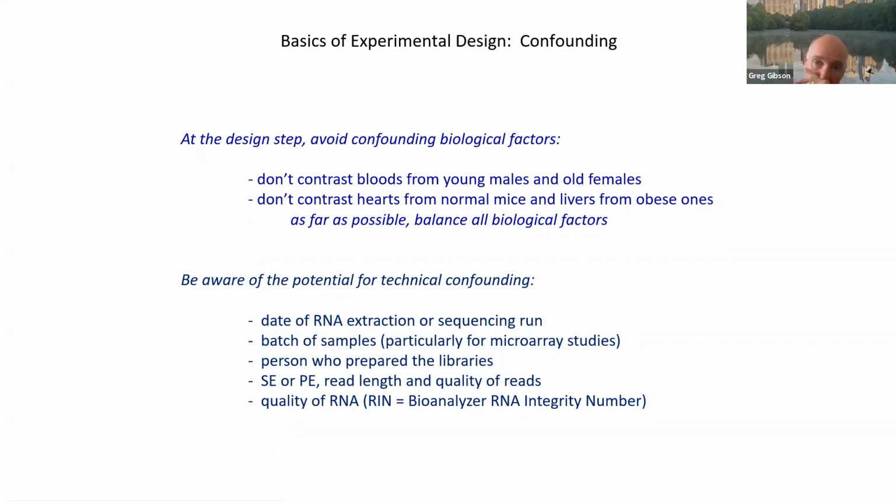That goes into the design phase, but you also need to be aware that those effects are oftentimes built into an experiment without you realizing it. Other types of technical confounding, so non-biological confounding, which are much, much more common on GEO, are things like the date of RNA extraction or the date that the sequencing run was done.